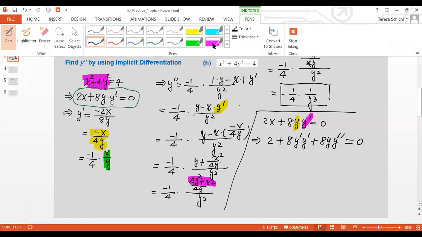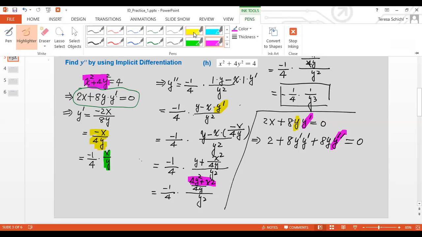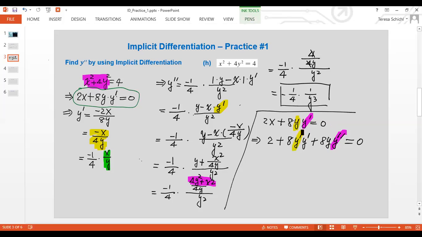Okay, so let me color code it for you. So this one comes from the purple ones here, right? And this one comes from the yellow ones here. You can do either way here, right? Then you can combine. So now you will see, what will the y double prime be?